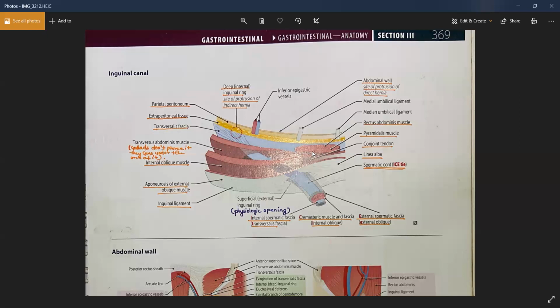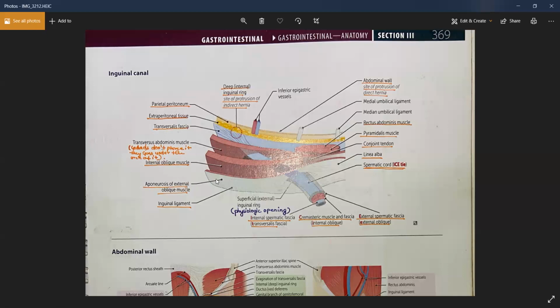You will also have the transverse abdominis muscles. Anterior to the transverse abdominis muscle, you will have the internal oblique muscles, which are abdominal muscles, of course. The transverse abdominis and internal oblique muscles join to form the conjoint tendon.